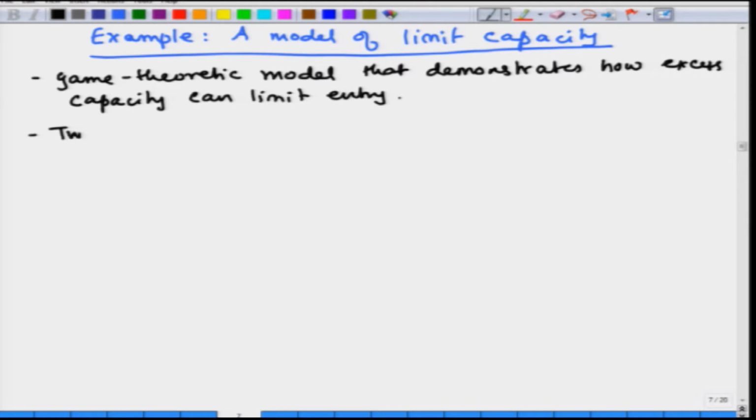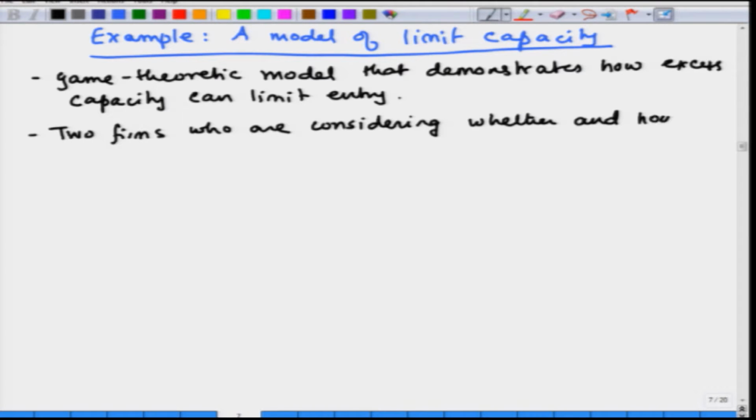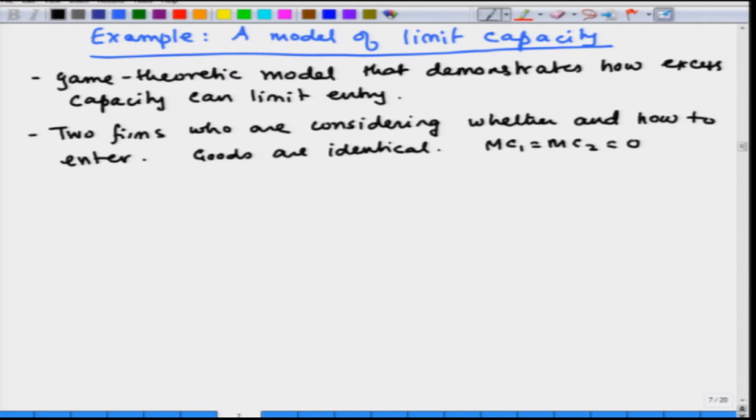So, there are two firms who are considering whether and how to enter, and we will assume that the goods are homogeneous and their marginal cost of production is equal to 0.